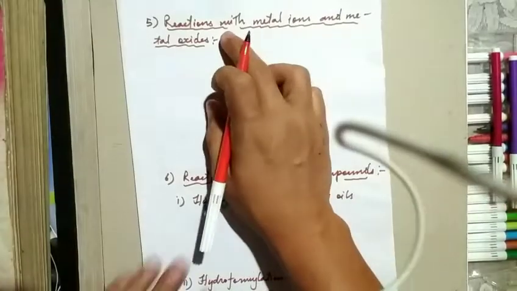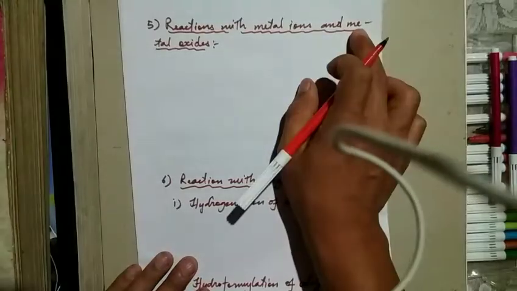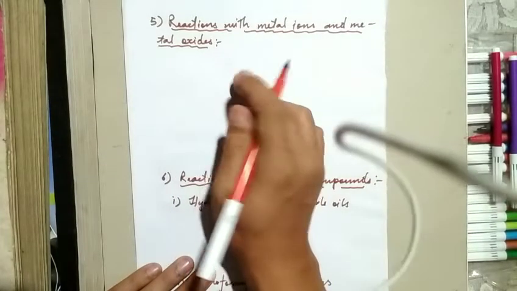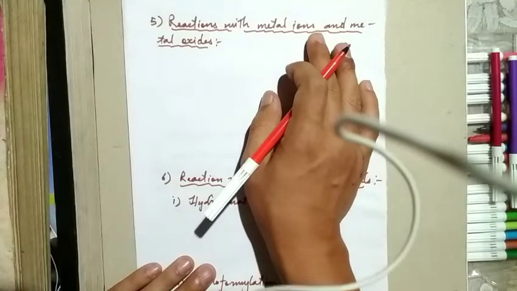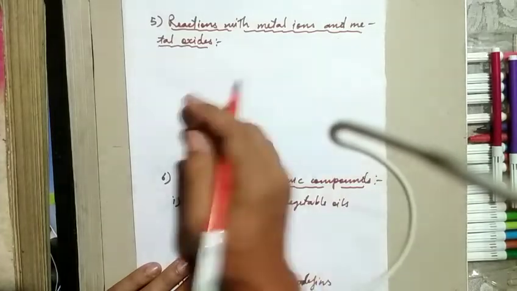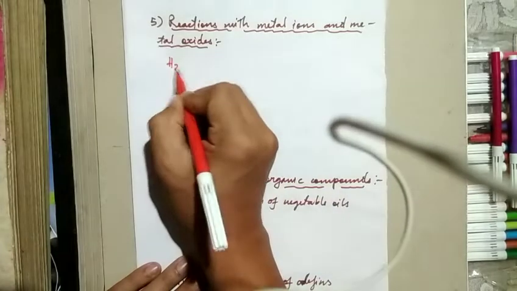The next reaction is reaction with metal ions and metal oxides. It reduces some metal ions in aqueous solution and oxides into the corresponding metal. Let's see an example.